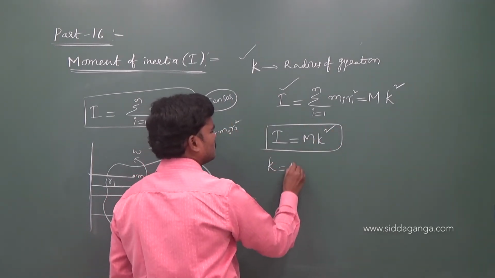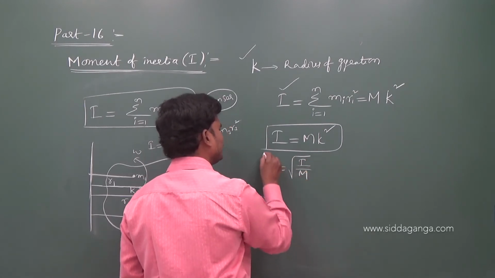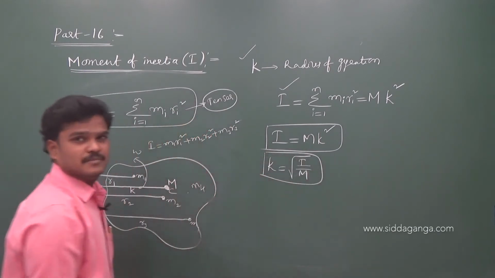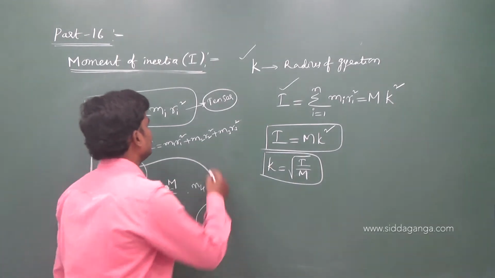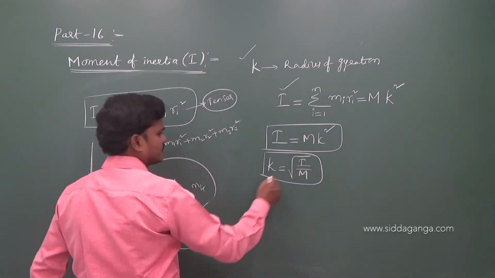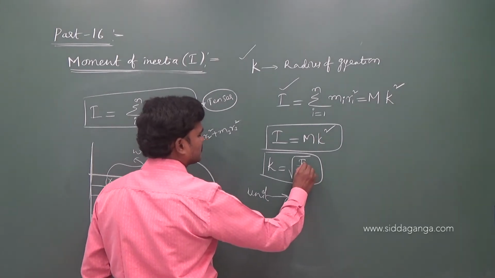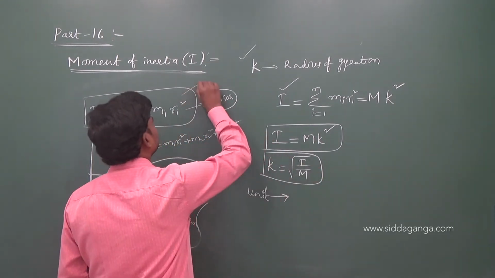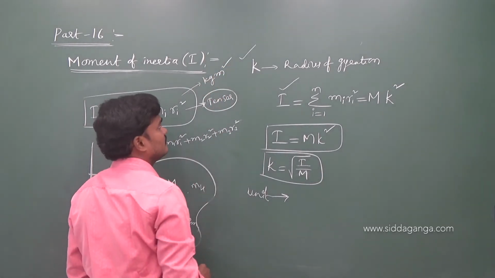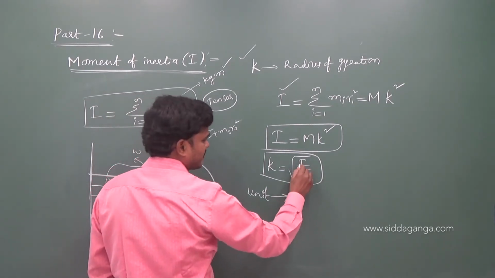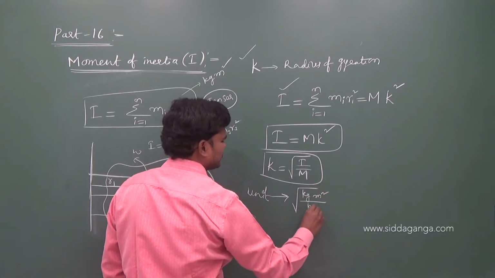So we can write k is equal to root of I by m. And let us see the unit. Moment of inertia is generally the product of mass and distance square, so the unit is root of M r square by M, that is kg meter square, or gram centimeter square, divided by mass in kg.